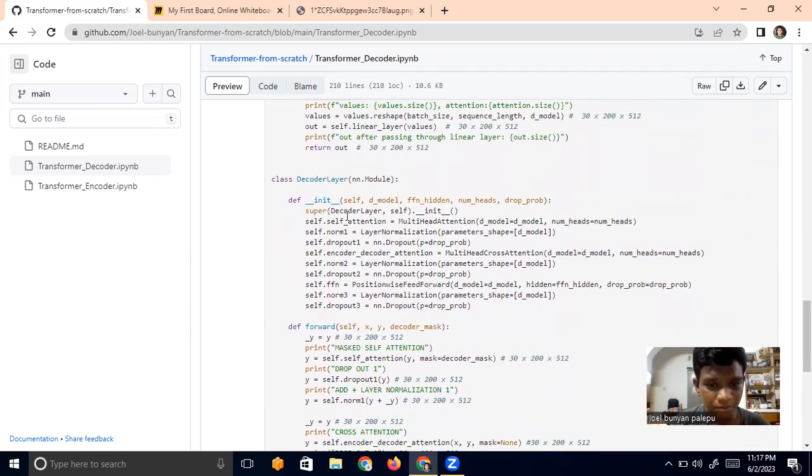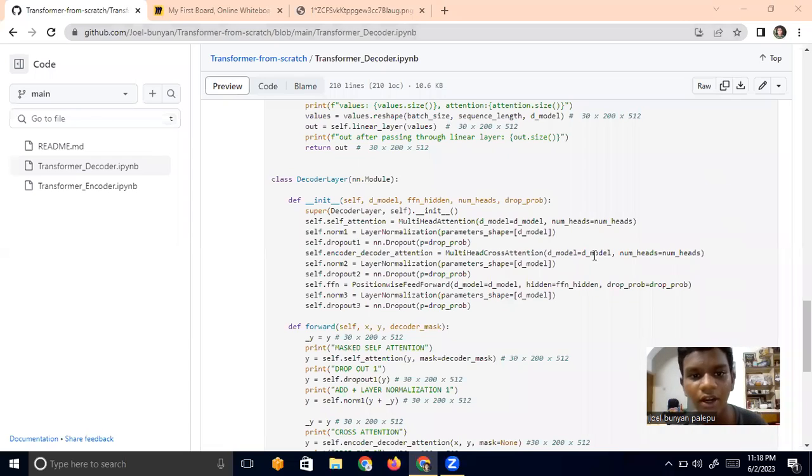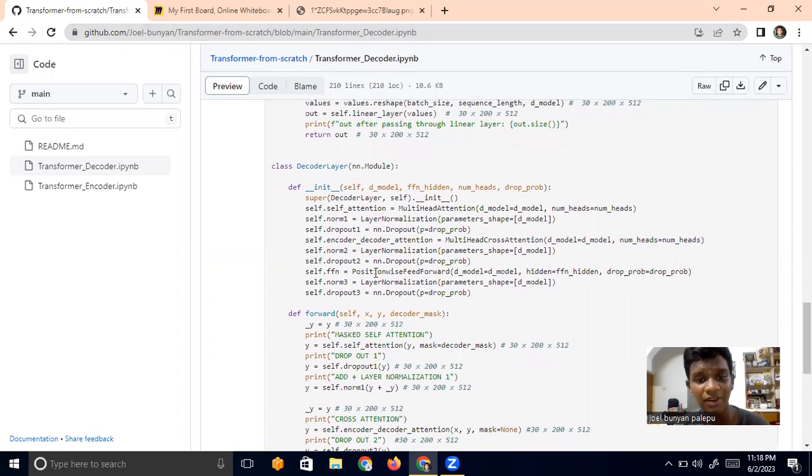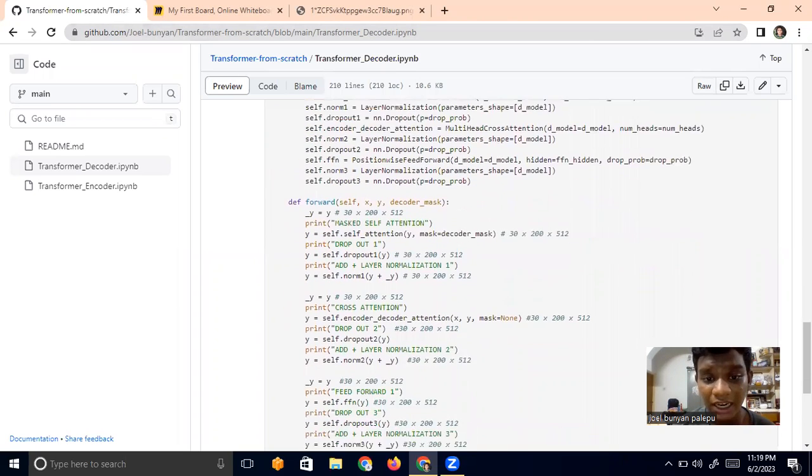We'll be initializing many classes. We are going to have this final decoder layer in which we initialize not only all of the previous classes that we have implemented, but also dropout, and the multi-head cross attention.